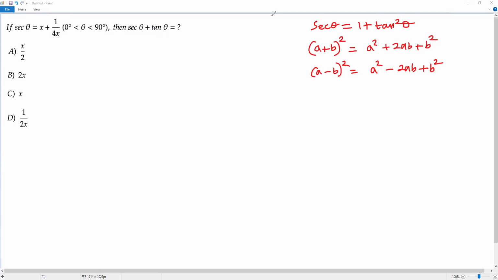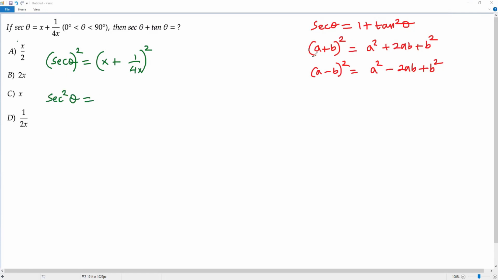Now let me consider the equation we have here, that is secant theta equals x + 1/(4x). I'm going to square both sides of this equation. Then we have secant theta squared on the left side. On the right side, we have (x + 1/(4x)) squared. This secant theta squared can be written as secant squared theta.